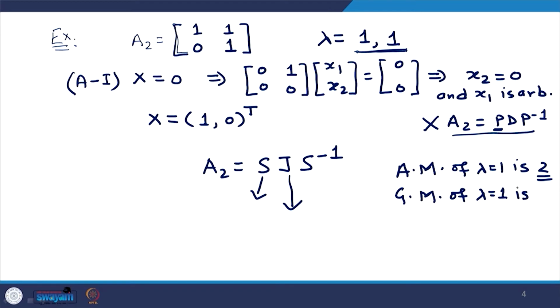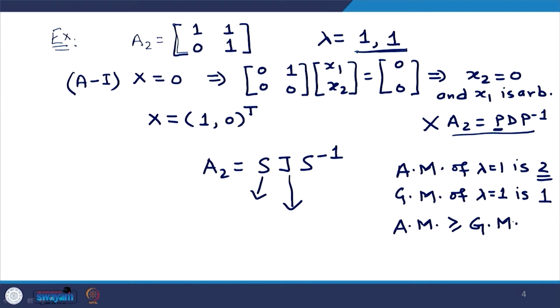How many LI eigenvectors do I have for lambda equals 1? That is only 1. So, algebraic multiplicity is the count of the repetition of eigenvalues, while the geometric multiplicity is the number of corresponding LI eigenvectors.